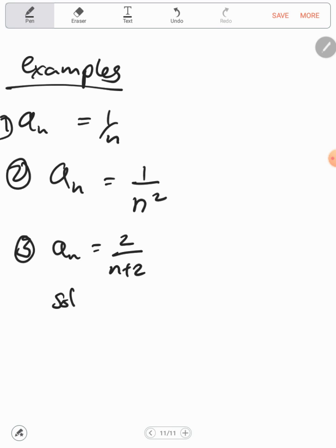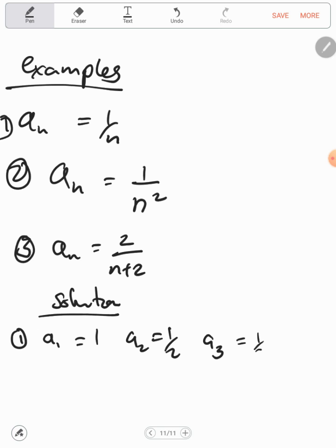Solution: for the first one, let's find a_1. a_1 will be 1, a_2 will be half, a_3 is 1 over 3. We can see this is in that form, so a_n is decreasing.